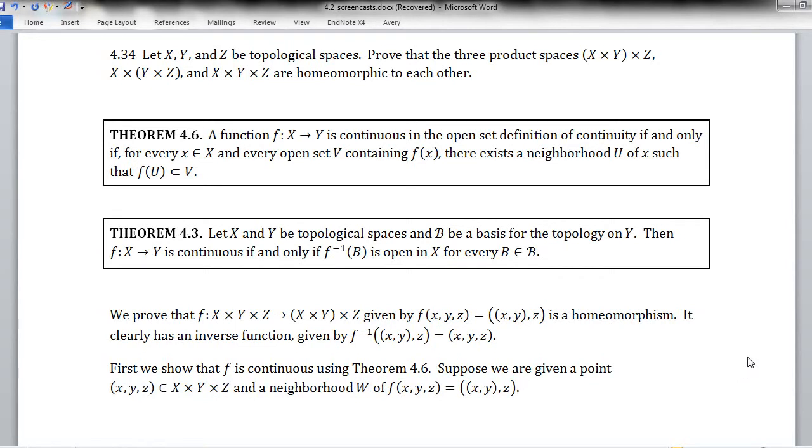Now remember, I have to show that there exists some neighborhood of this point which maps into this neighborhood W under f. I'm not going to show that directly. Instead, I'm going to show that it maps into some basis element which is contained in W. So what would that be?